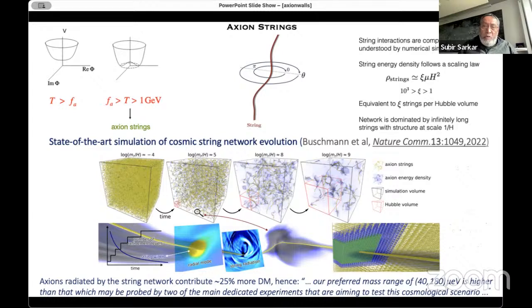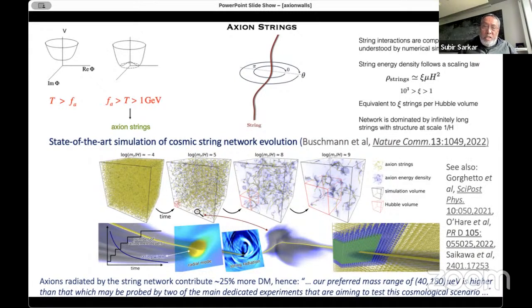They are not the only people doing this. There is also interesting work being done by Ed Hardy and collaborators, by Ciaran O'Hare and collaborators, and a Japanese group, Saikawa and so on. And they don't all agree in detail, but broadly they agree that the axions radiated by the string network contribute more dark matter, which needs to be taken into account. So they quote slightly different mass ranges for the axions.